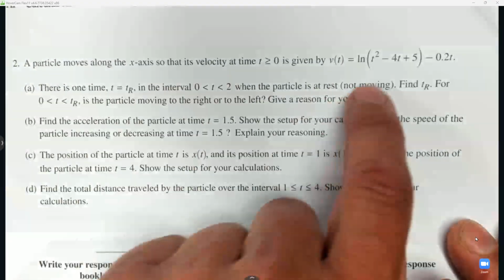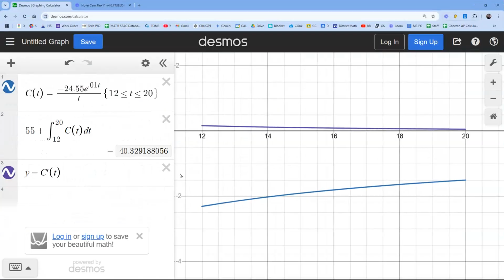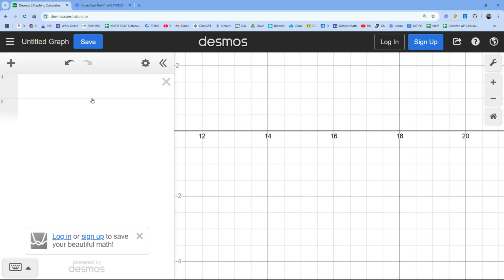Again, it's number 2, so this is going to go in your calculator. So let's do that first. I still have the work from question number 1. I'm going to erase that. I'm just going to type in that equation.